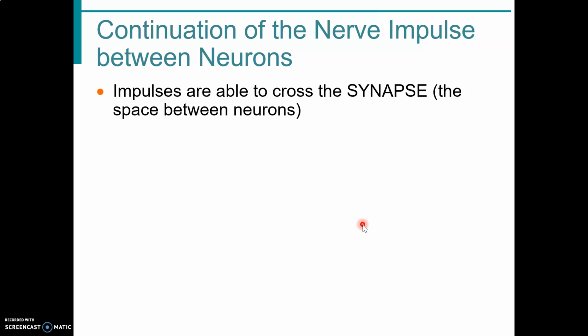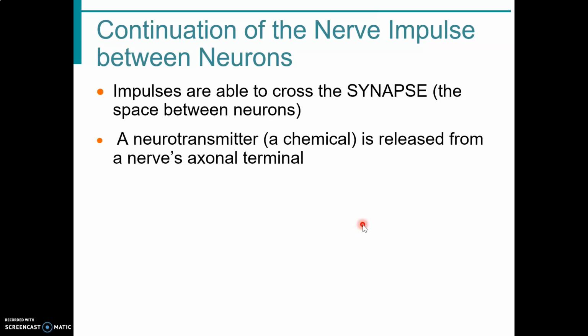Once it gets to the end of those axon terminals, impulses are able to cross what's called the synapse, the space between neurons, or cells in the nervous system, and it transmits this signal via special chemicals called neurotransmitters.